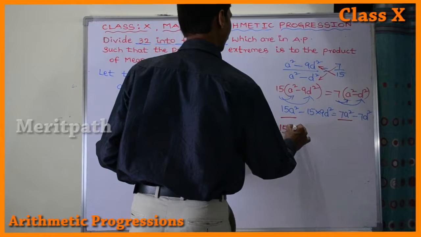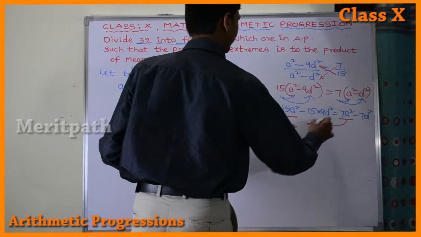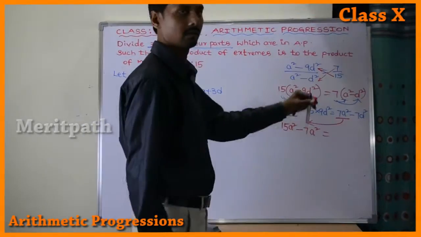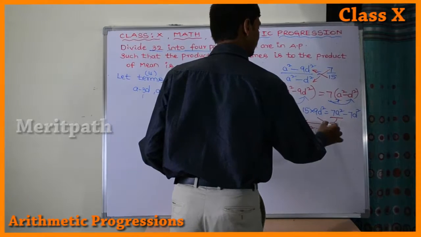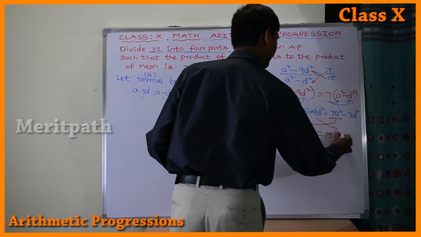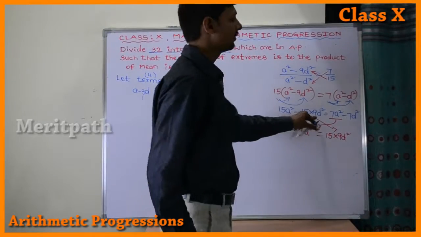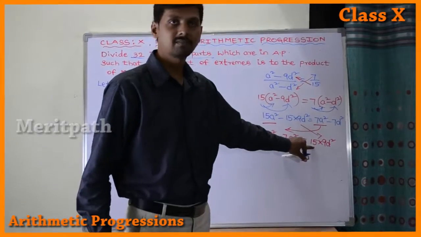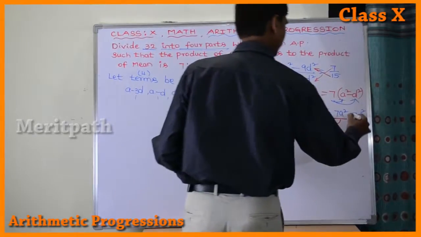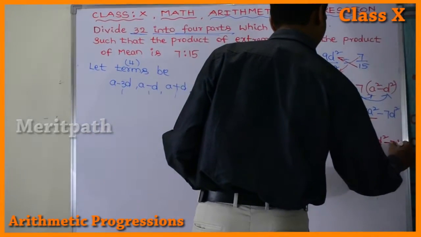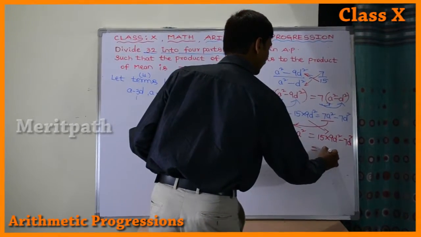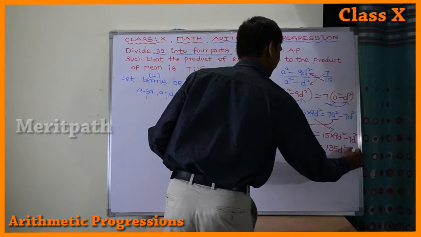So 15a square, when we transpose this 7a square to the left hand side, it becomes minus 7a square equals, when we transpose 15 into 9d square, it becomes plus 15 into 9d square, because when we transpose minus to this side, it becomes plus. So here there is left out 7d square. When we multiply 15 into 9, that is 135d square minus 7d square.